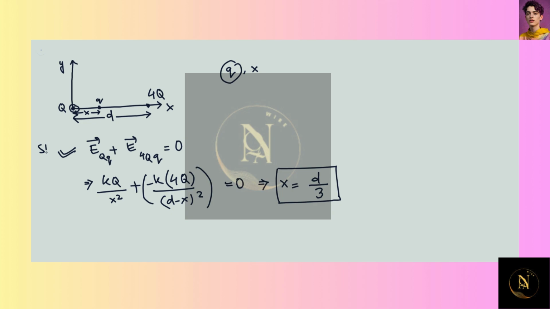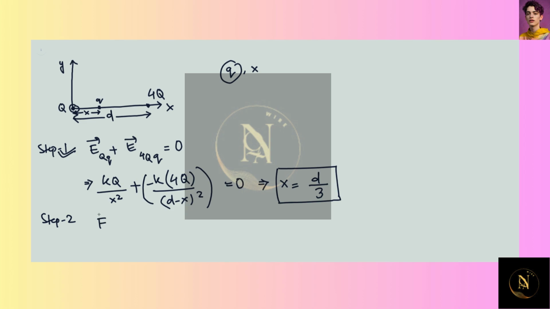So this was step 1. In step 2, the electric field at capital Q will be 0, or electric force. You can also say that the electric force is also 0. They basically mean the same thing.